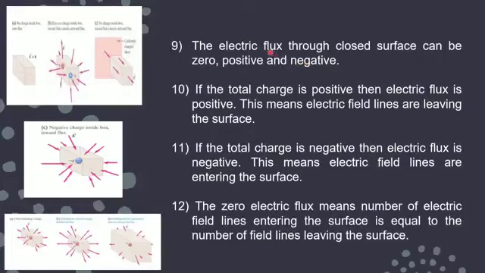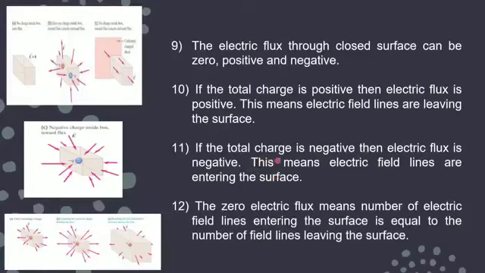When we are talking about the electric flux through a closed surface, as I have spoken earlier, this electric flux can be zero, positive as well as negative. If charge is positive, then electric field lines will be leaving the surface. If the total charge is positive, then it is outward. Outward is taken as positive, it means theta is lying between 0 and 90.